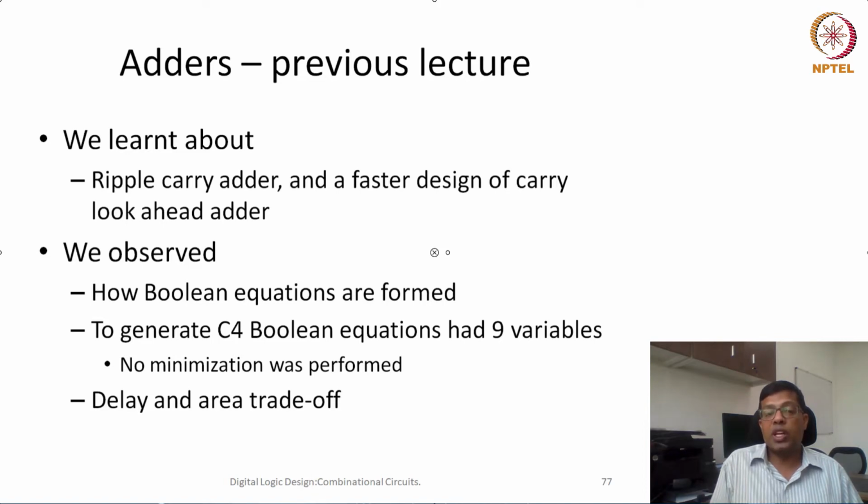With multiple levels of carry look ahead, the carry generation unit area would keep on increasing, but the time will also reduce to a certain extent. So this trade-off tells us that if we are willing to put in more area, there is a chance the delay could be reduced. We can't infinitely reduce the delay, but to a certain extent it can be reduced if we keep on adding some area or some technique that is a little more complex.